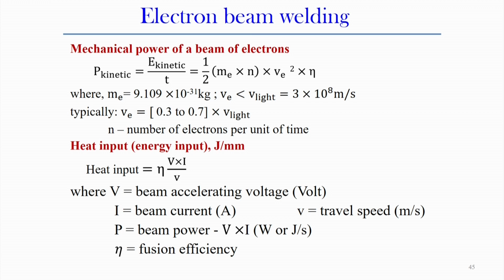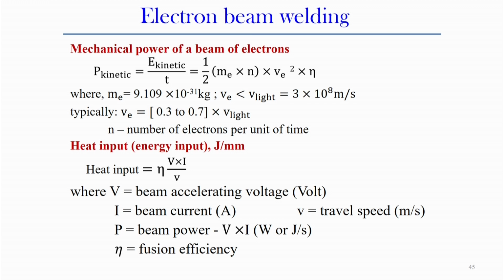That is also equivalent to volt into current. Power is represented in watt or joule per second, and an efficiency term is also given in this case. So these are the basic calculations, with which we can find the kinetic energy of the electron as well as the power of the electron.